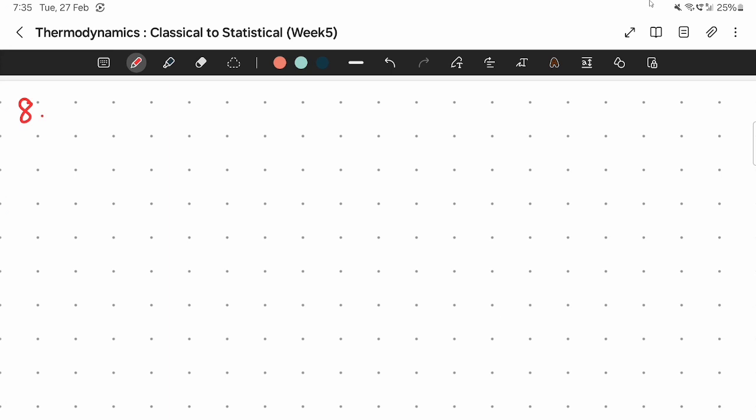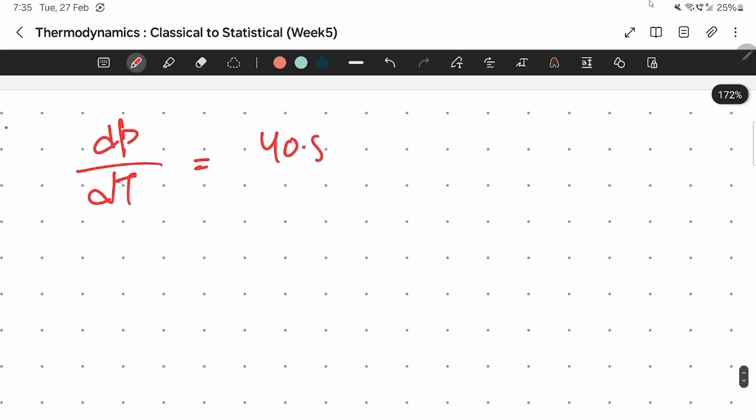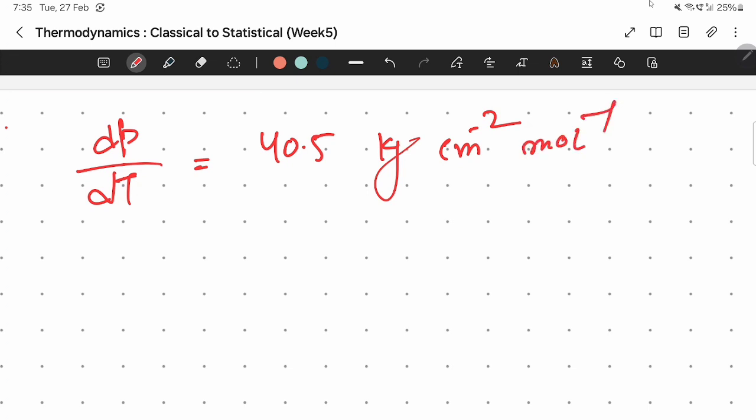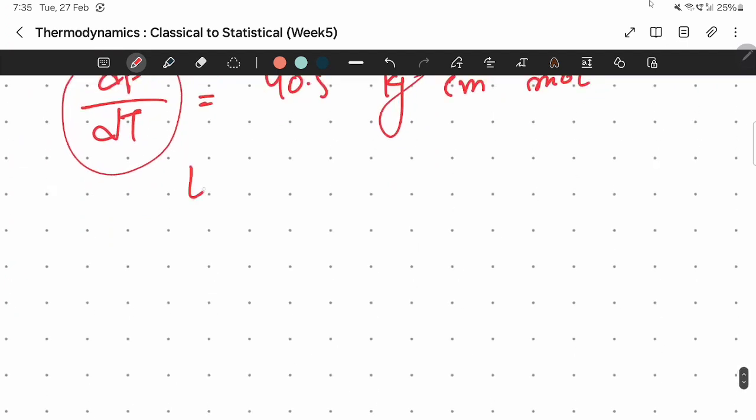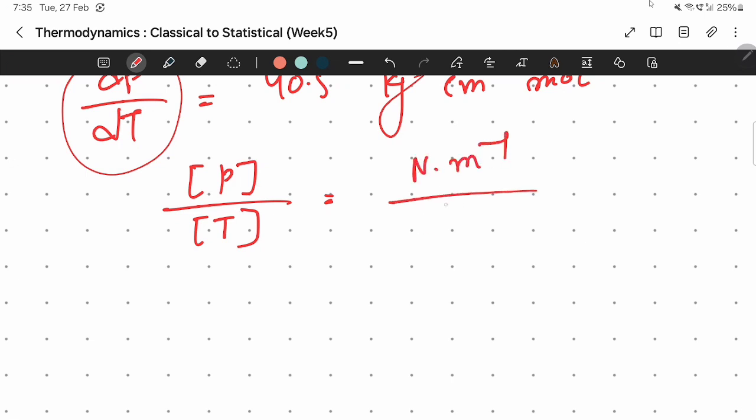If you look at the unit of that slope, del P del T, it is given as kg centimeter to the power minus 2 mole inverse, 40.5 in those units. But the unit of del P del T should be the unit of pressure divided by the unit of temperature. The unit of pressure is Newton per meter square, and the unit of temperature is Kelvin.